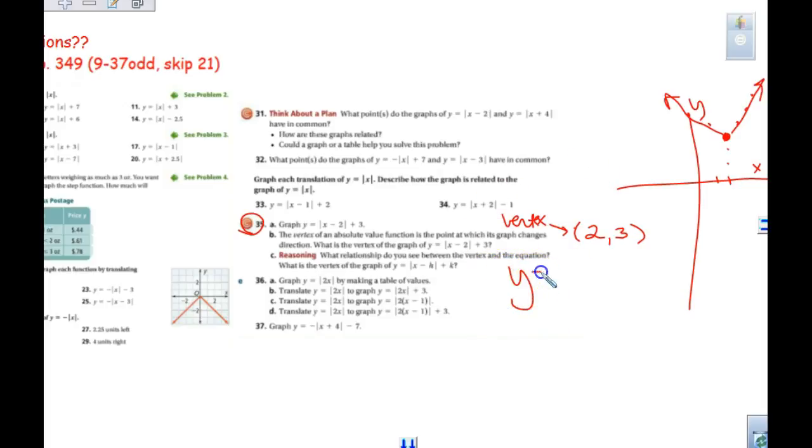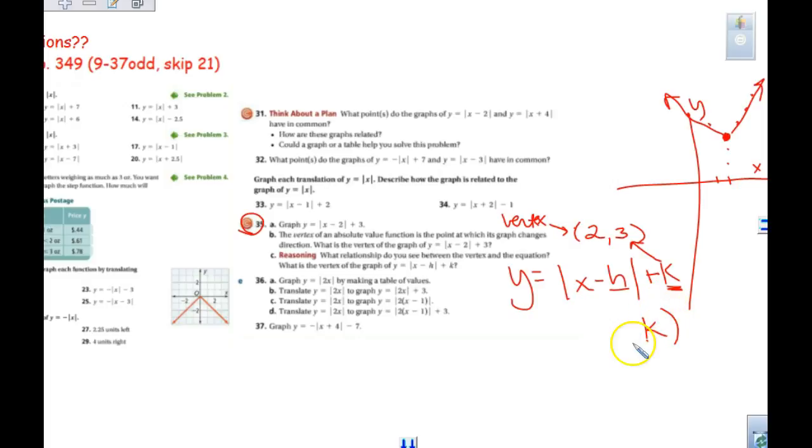It says, if we look at y equals absolute value of x minus h plus k, what do you notice about this vertex? Well, the k value, that was our 3, right? So k is always going to be, if it's a plus k, that is always going to be our y coordinate.